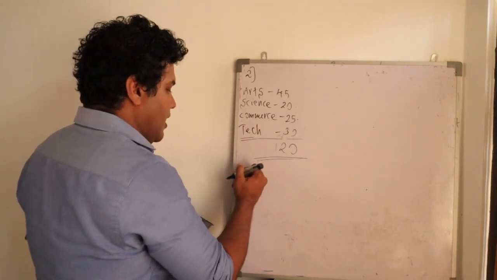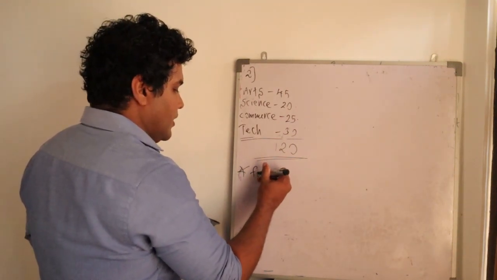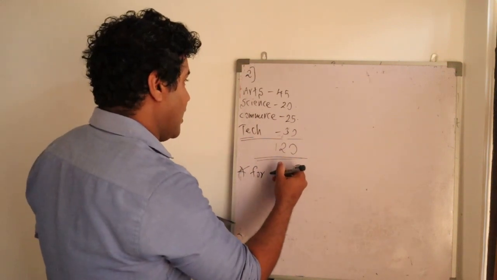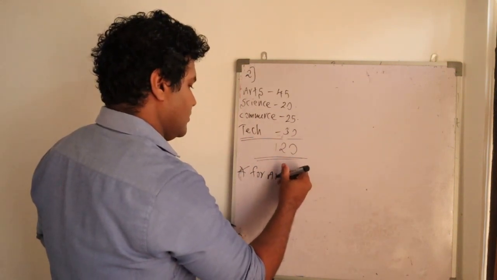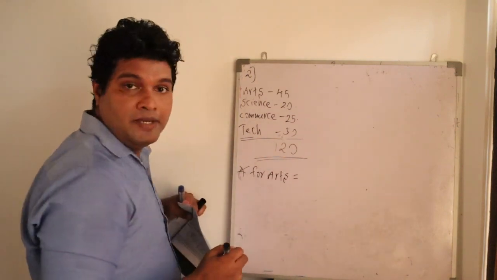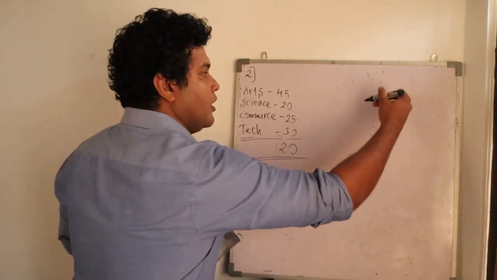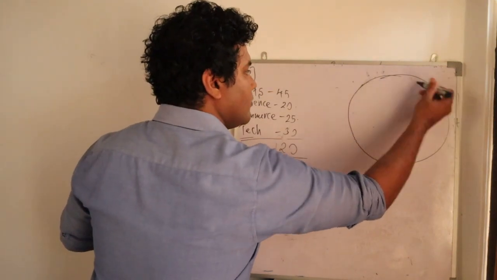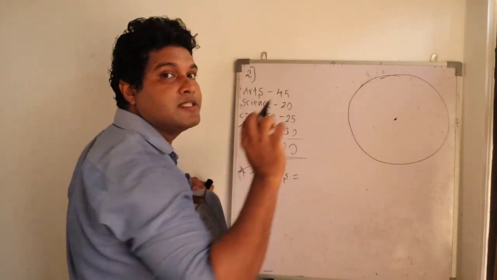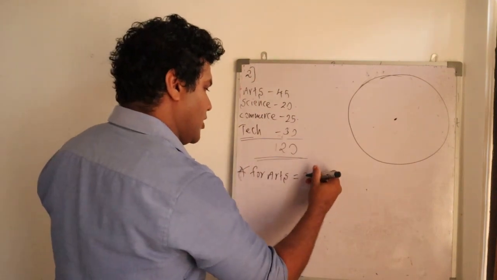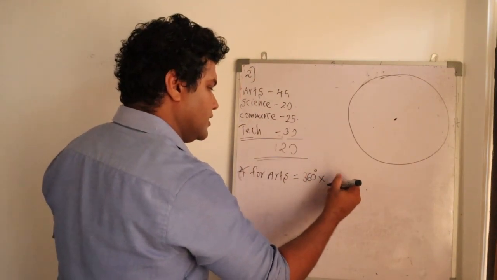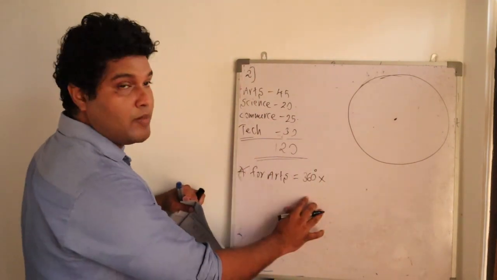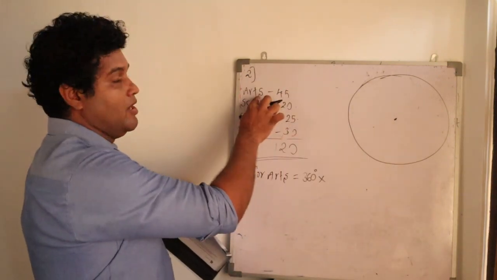Okay, we will find the angle denoting arts. Shortly and briefly I have to write, inside the pie chart, that's only 360 degrees. That's why we always have to take the 360 and multiply it by the relevant fraction of the denomination.